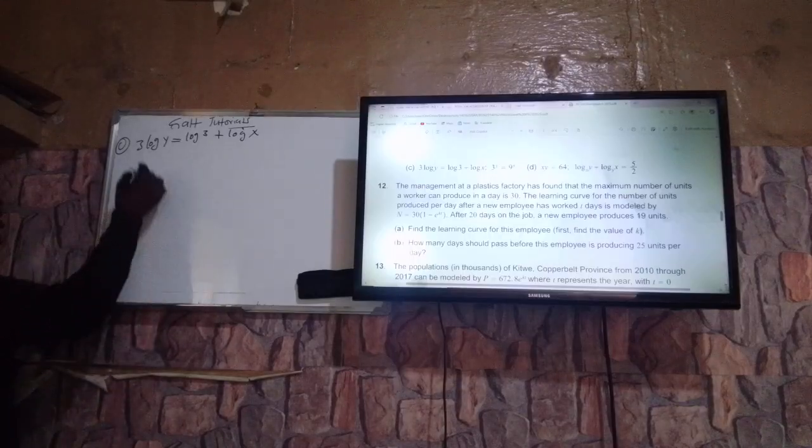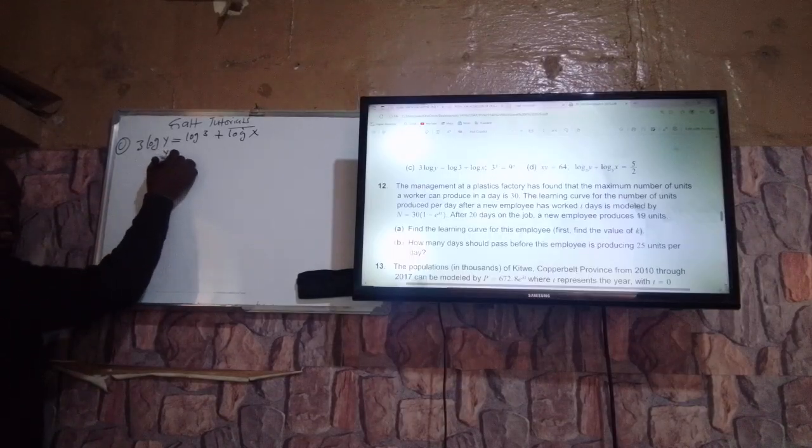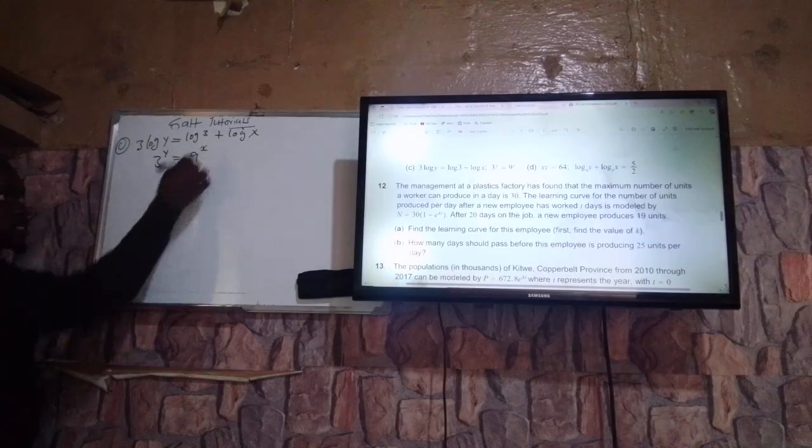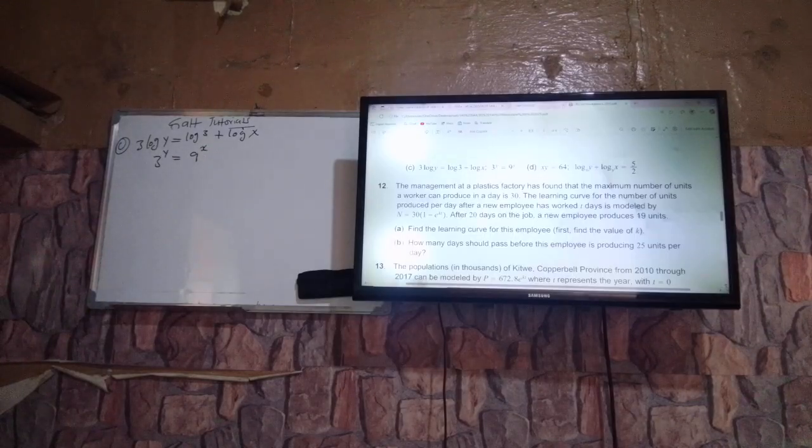And the other equation is 3 power y is equal to 9 power x. That is another equation. So use one equation to find another. So what can happen there?